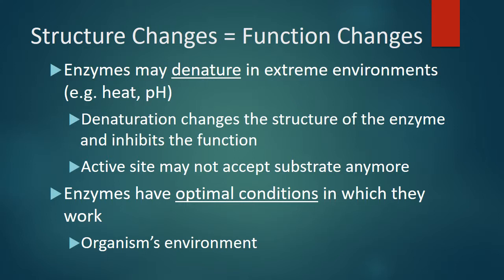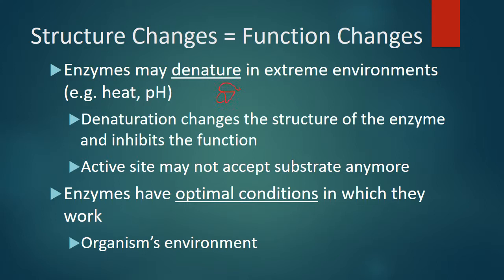So because an enzyme's function depends on its structure, any structural changes mean that the function changes. That makes sense, right? It changes the way the enzyme can act because it depends on that structure so much. If an enzyme denatures, that means it straightens out. It loses its 3D structure.